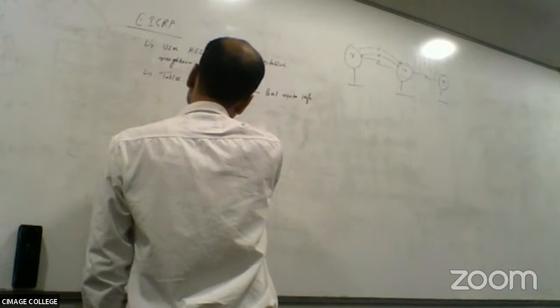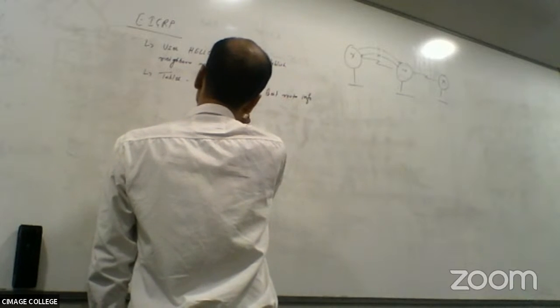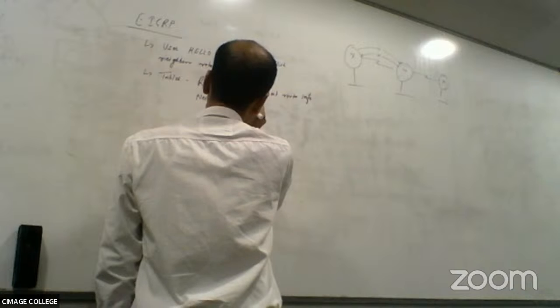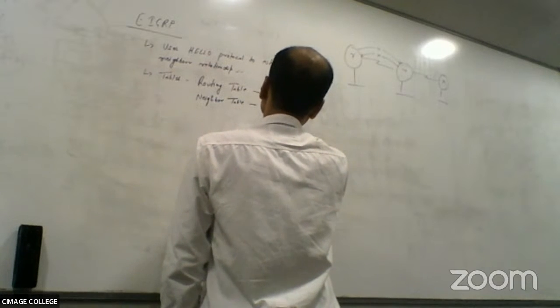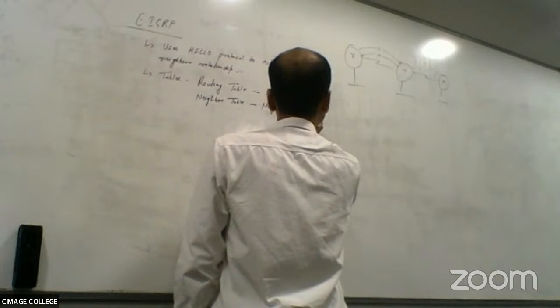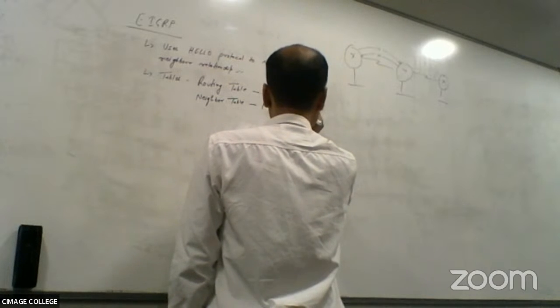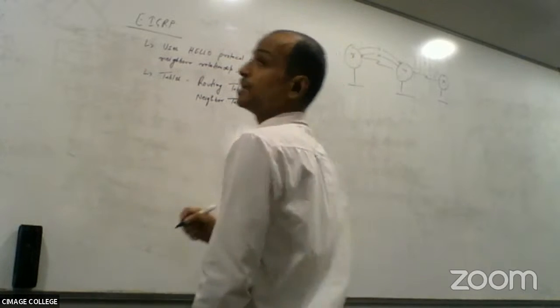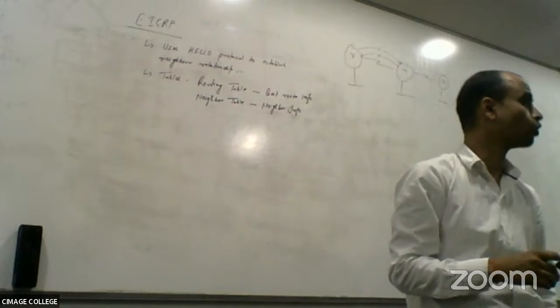Second, it creates a neighbor table, neighbor information, but it creates one more table, that is the topology table.